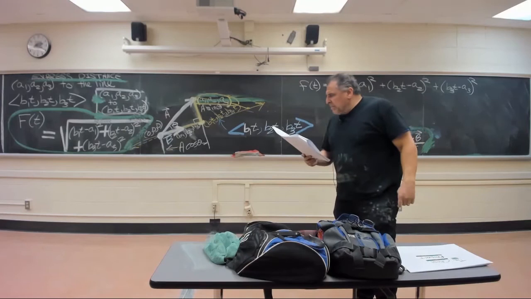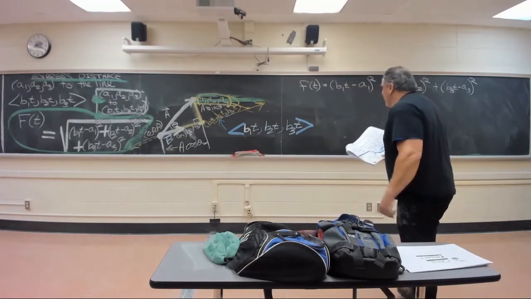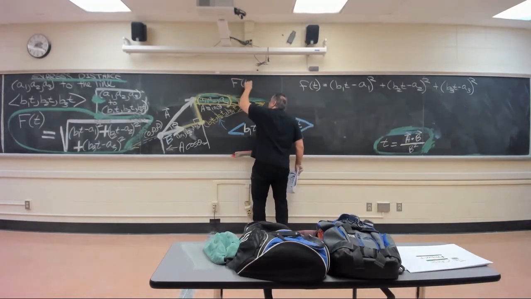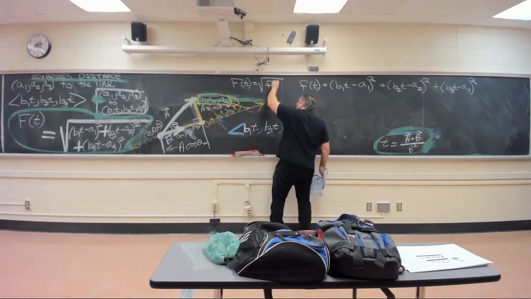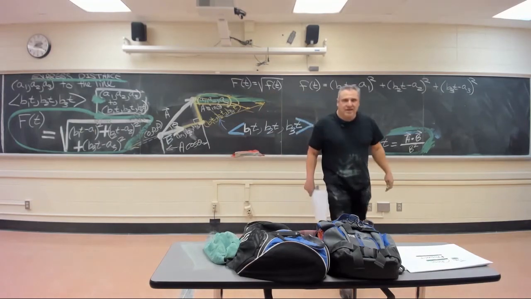If we find the minimum of f of t, then we find the minimum distance. It's that simple. You got to remember, the whole thing is this, guys. I mean, capital F of t, ladies and gentlemen, is the square root of small f of t.